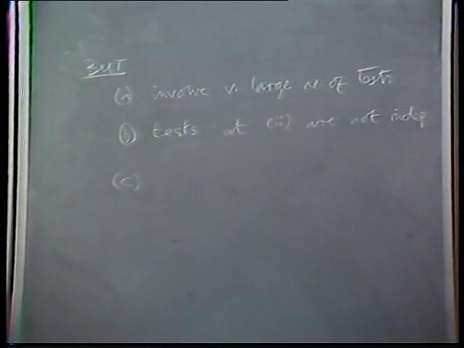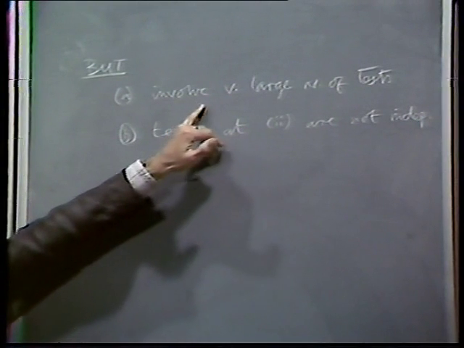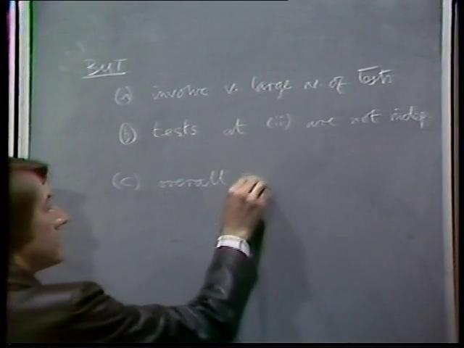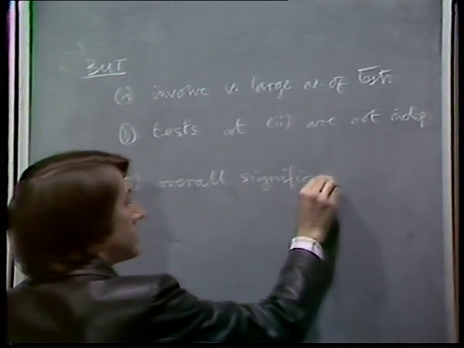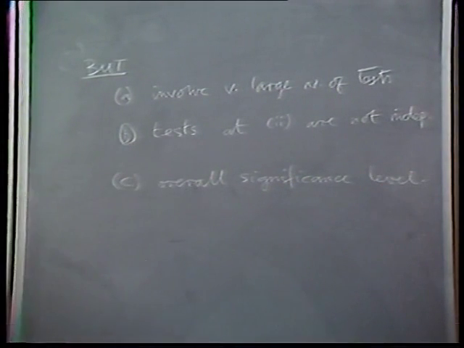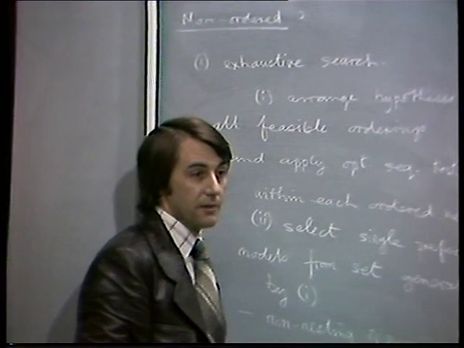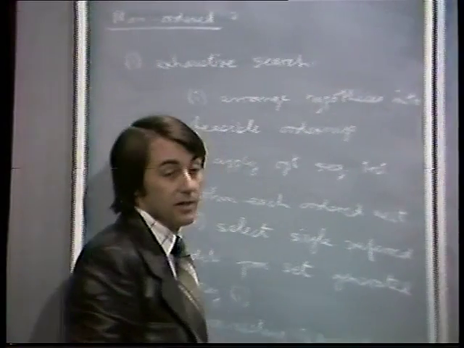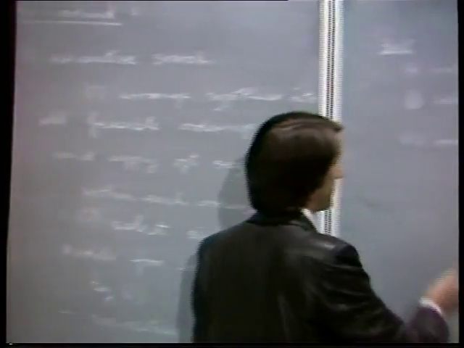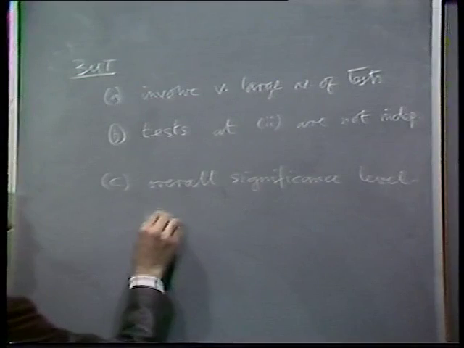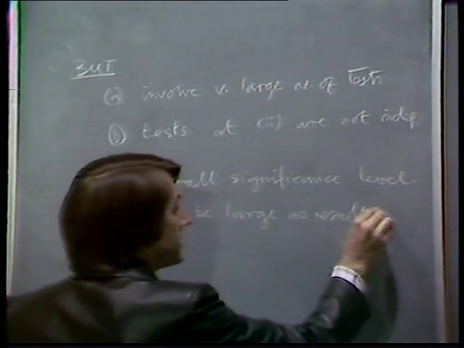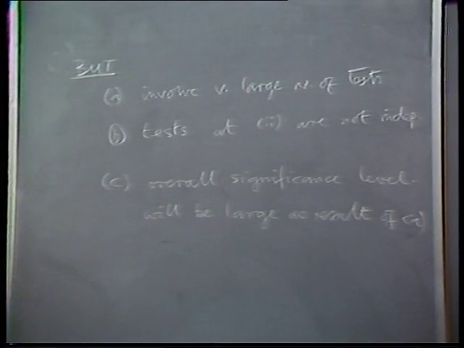And thirdly, as a consequence of there being a very large number of tests, the overall significance level, when we consider the most restricted model, or alternatively, the model we select in the end, as being tested against the most general, is likely to be very large, as a result of the large number of tests.